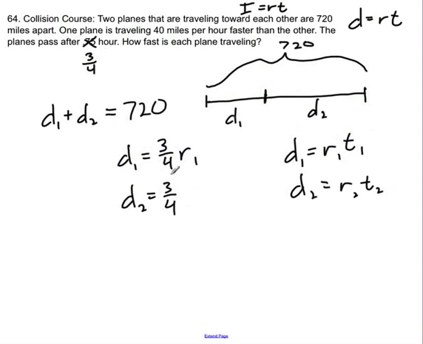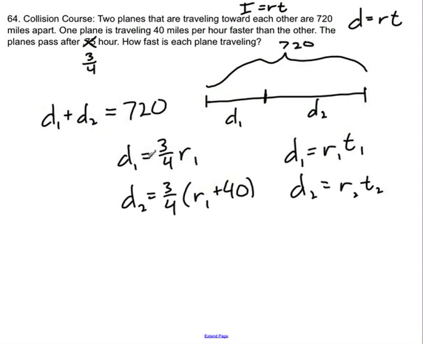But the rate, it says right here, is going to be 40 miles an hour faster than this guy, so it's going to be r1, this guy's rate, plus 40. Now, with all this information, if I plug this into here and this into here, we only have one variable.